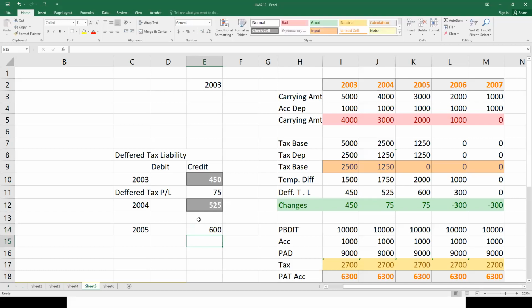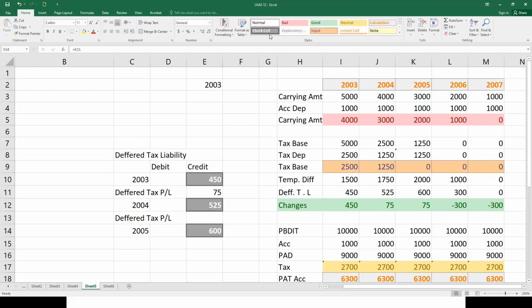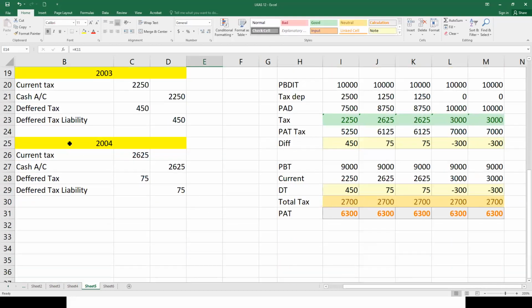And how much do we have to charge in the deferred tax account? Deferred tax expense, how much? 75. How do we get it? 600 minus 525. So we will charge that in 2005.